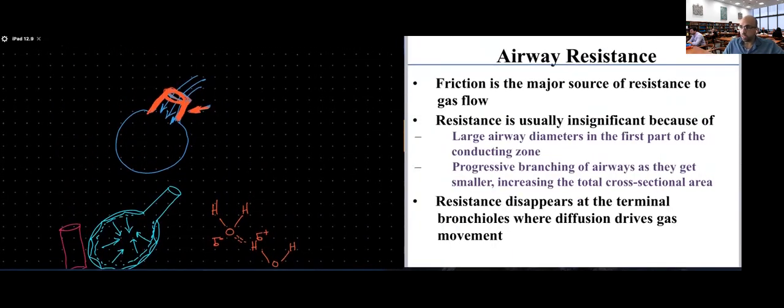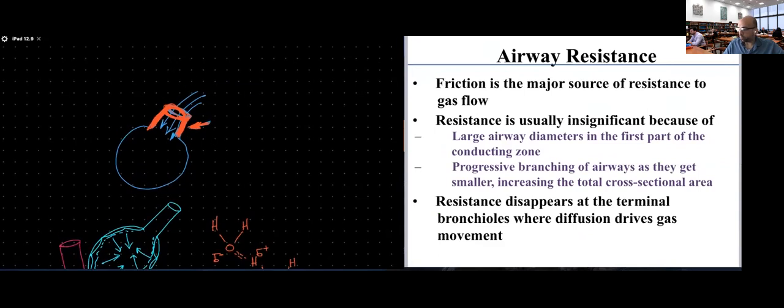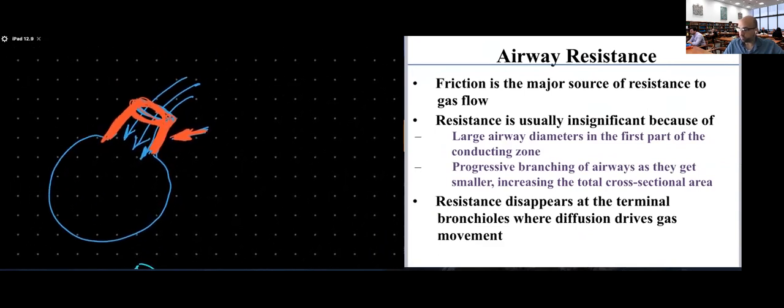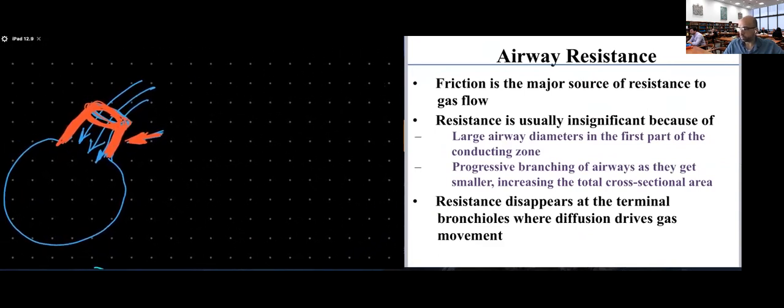First, starting with airway resistance. Remember how many alveoli did we have in the lung? You remember? 300 million, exactly. 300 million alveoli. Millions and millions of alveoli, and those are going to require millions and millions of terminal bronchioles.